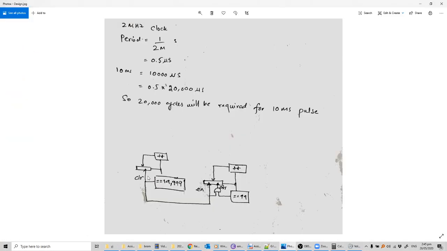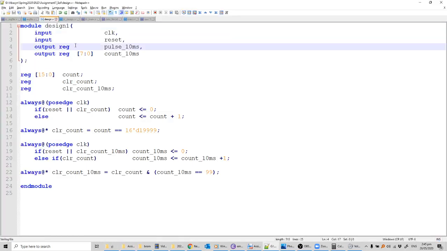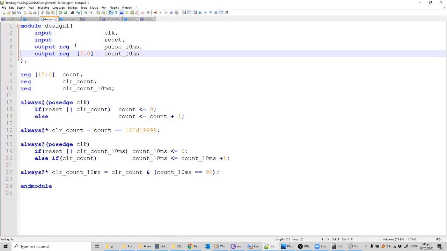All it needs is a clock to run, and there should be a reset. We want this 10 millisecond pulse out of the module, and also we probably want this counter out of our module. So here I have two inputs, clock and reset, and I have made the 10 millisecond pulse and this count outputs.